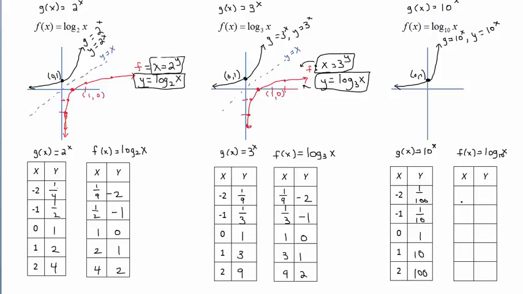All right, let's interchange these ordered pairs. Let's plot these ordered pairs. I'm going to start with 1, 0.